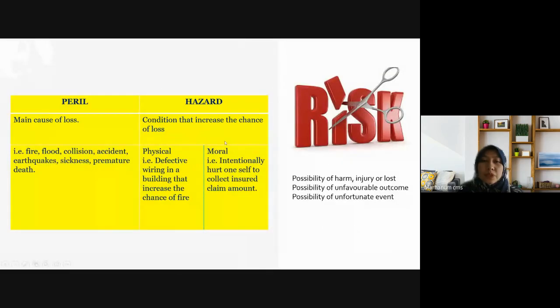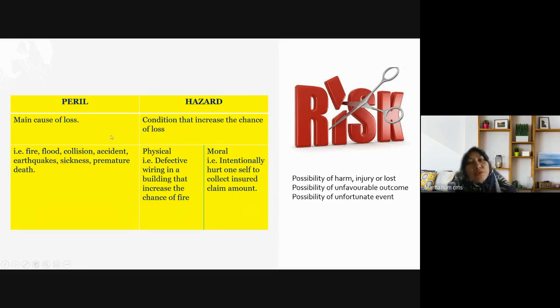So we need to understand the types of risk, because not all types of risk are covered by takaful or even conventional insurance. In defining risk, we can say there is peril and hazard. Peril is the main cause of loss, like fire, flood, collision, accident, earthquakes.